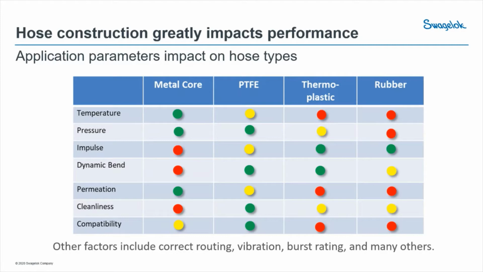But the drawbacks are impulse and dynamic bend. For example, a PTFE or Teflon core hose is going to be much better in that dynamic range, and also in cleanability and other things as well. So what this really illustrates is that you really do need to find the correct hose for the job, and you can see here why that's important. Again, that's going to be the theme of this presentation.